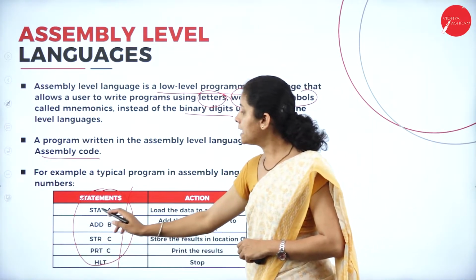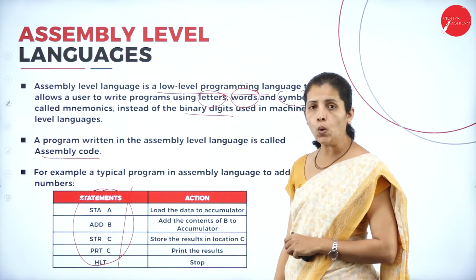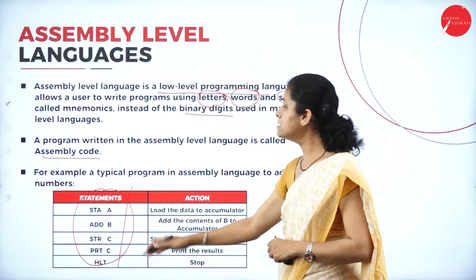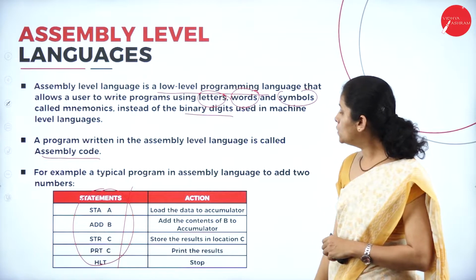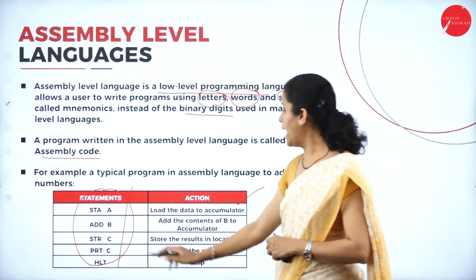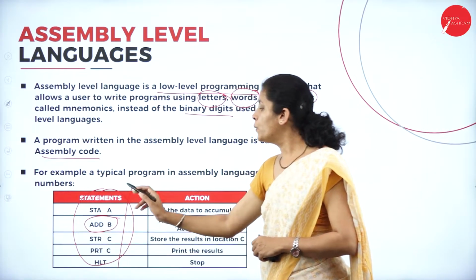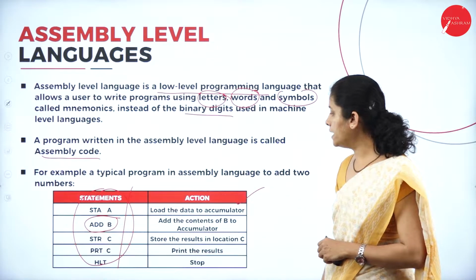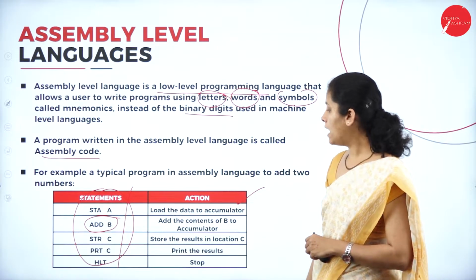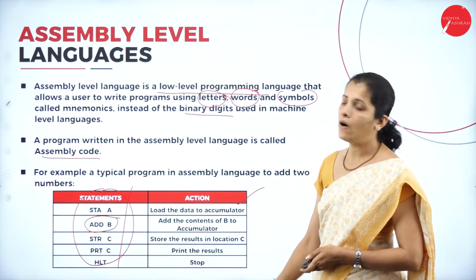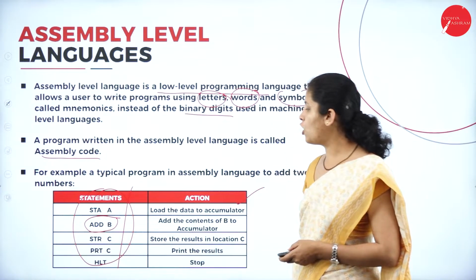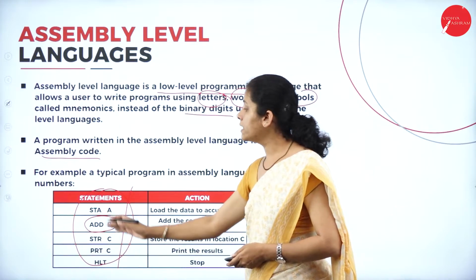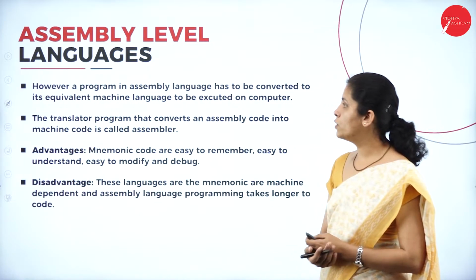Here STA is store A. Then load the data to the accumulator. Now add B with the accumulator content, store the data and print the data. Halt is nothing but stop. So dear student, these are examples of mnemonics.